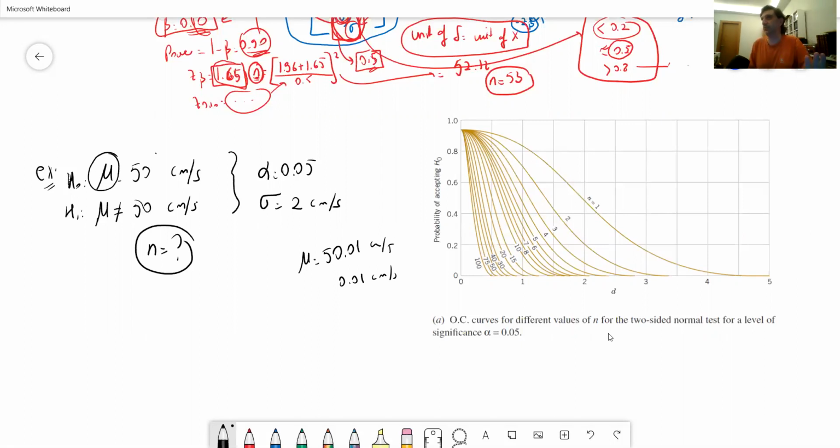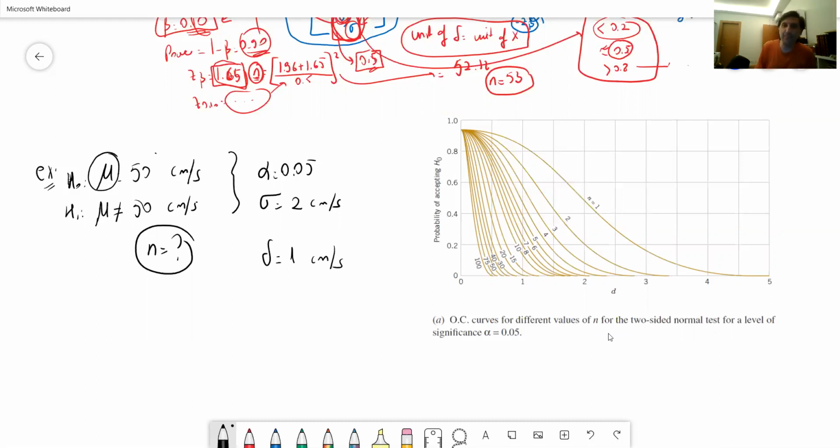This has got nothing to do with statistics. So what is that delta value that we need to specify, the value of deviation from the mean value? Just for the sake of this question, we are going to say that we would like to determine a delta value of 1 centimeter per second.